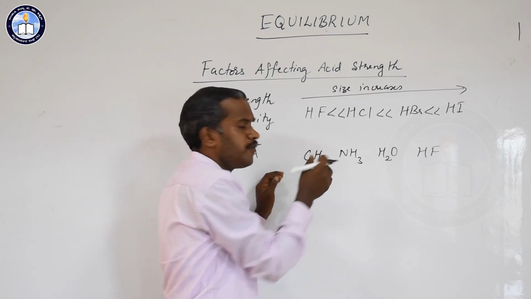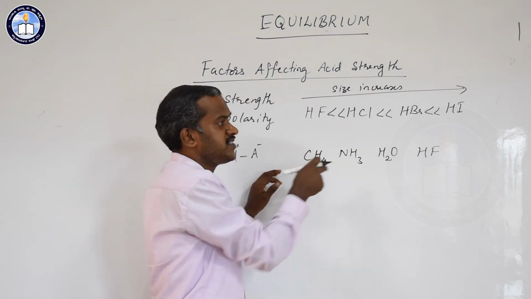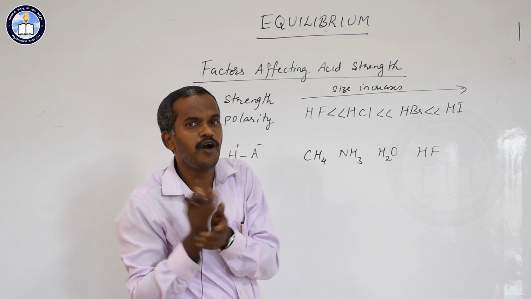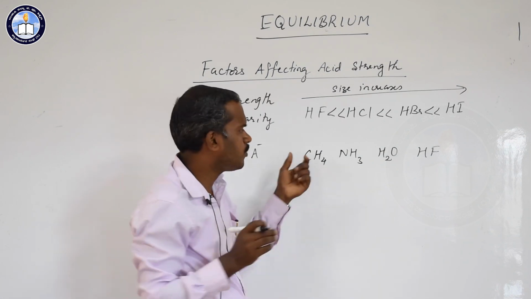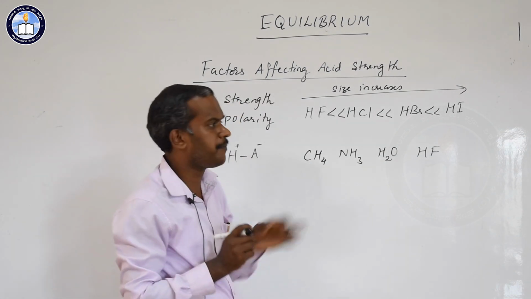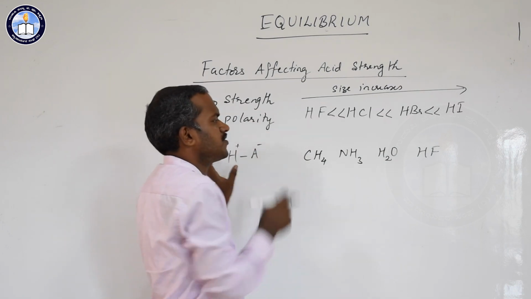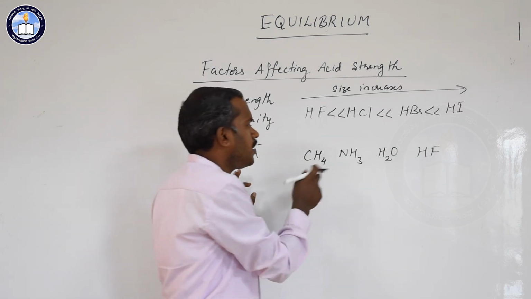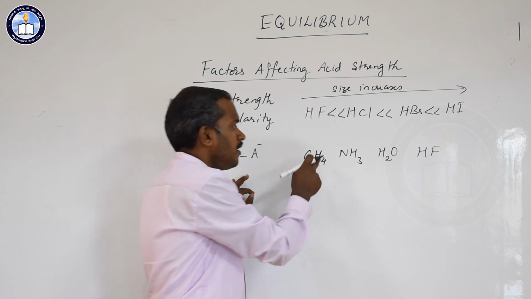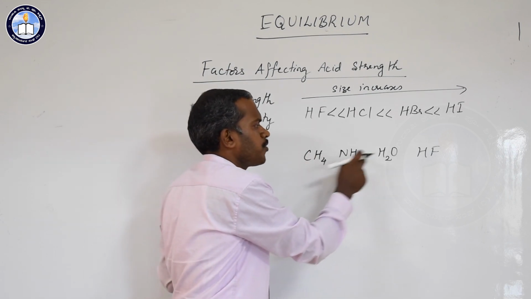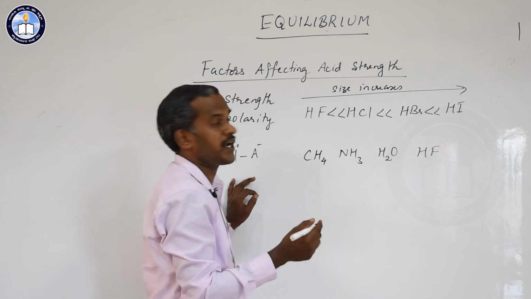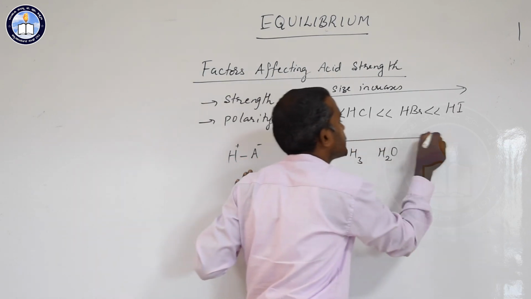One important thing you have to understand is that in this case, more than the atomic size comparison, we look at the electronegativity. The polarity, the second factor, is significant here. From carbon to nitrogen, nitrogen to oxygen, oxygen to fluorine, electronegativity increases.